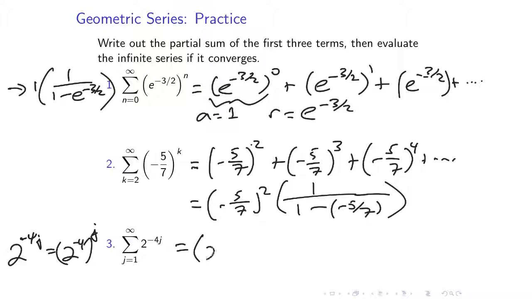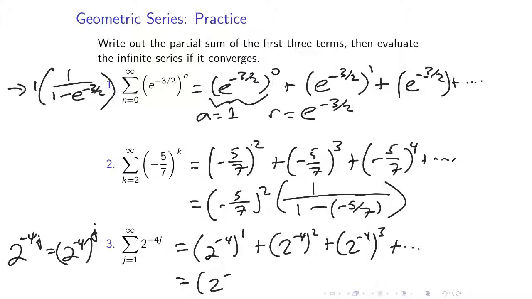So this is 2 to the -4 to the first, plus 2 to the -4 to the second, plus 2 to the -4 to the third, and so on. And 2 to the -4 is 1 over 16. Again, that's a ratio r between -1 and 1. So this converges, and the limit is the first term times 1 over 1 minus r.